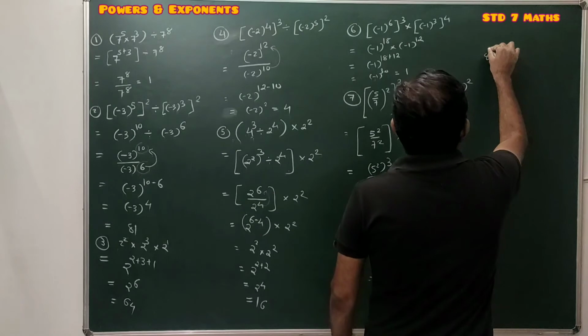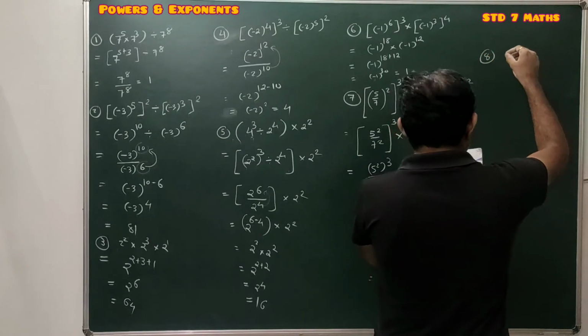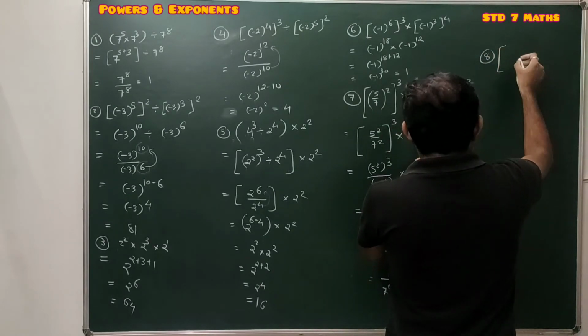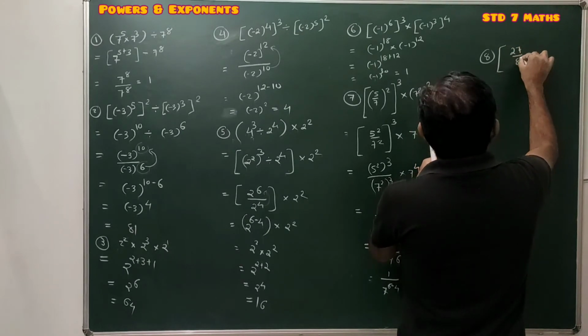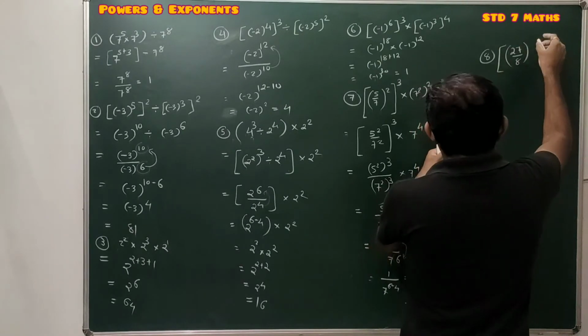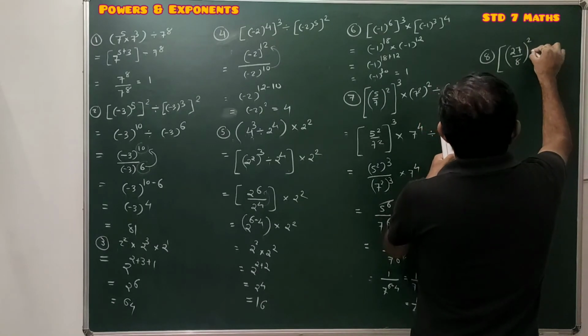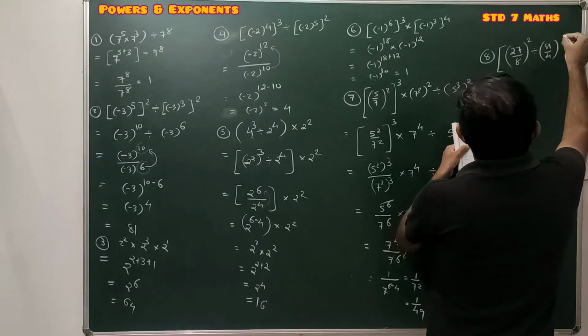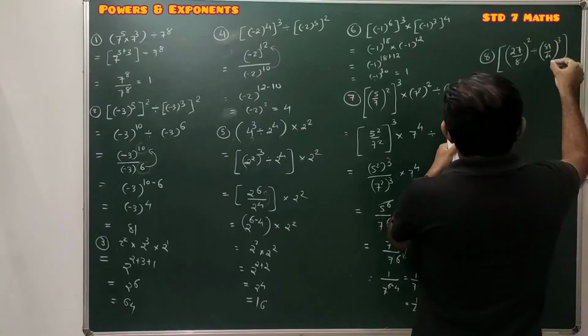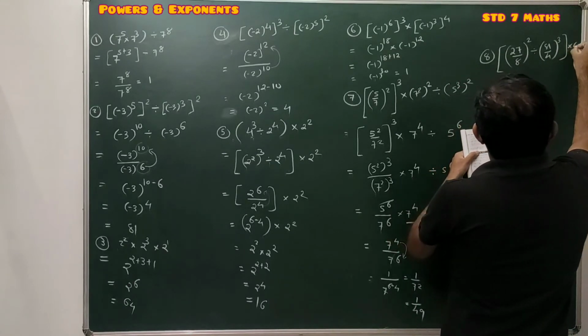Now question number 8. Here the 8th question is (27/8) squared, divided by (81/4) cubed, multiplied by 6 raised to 4.